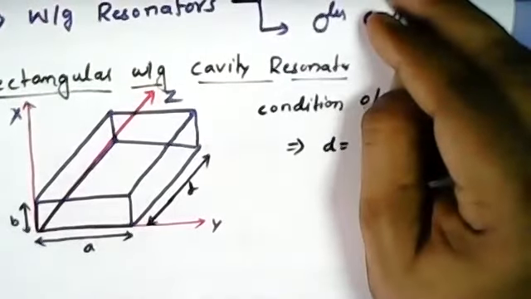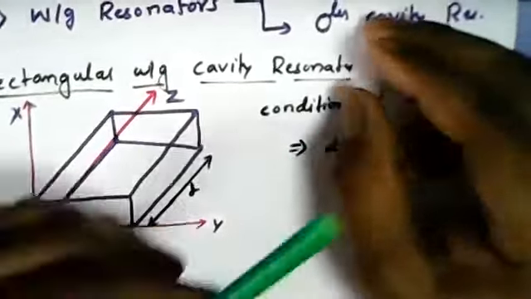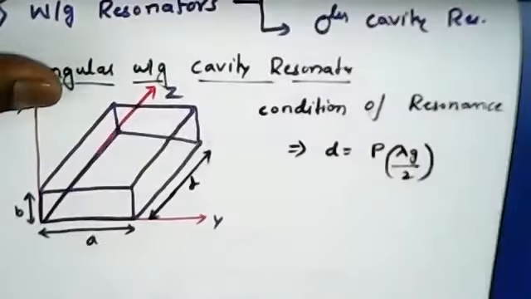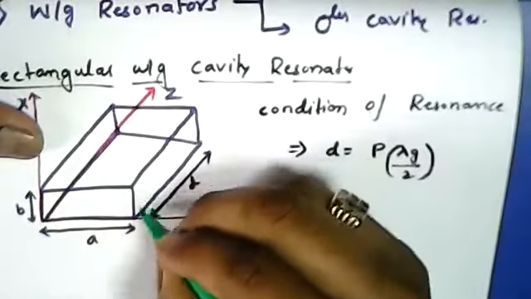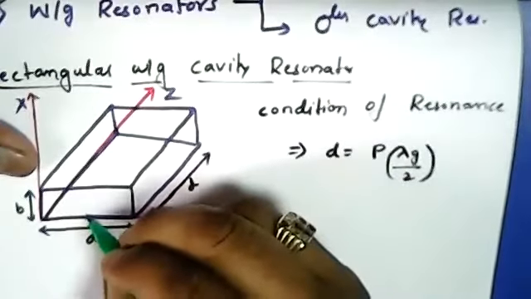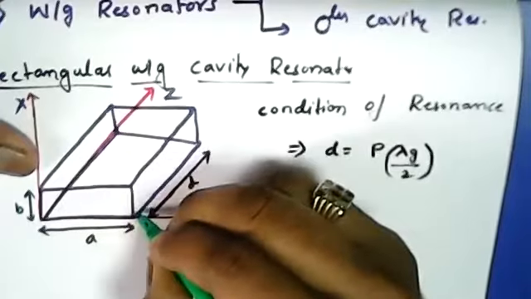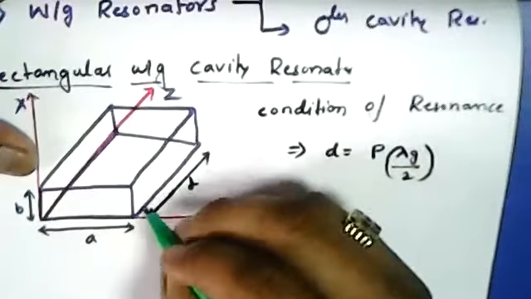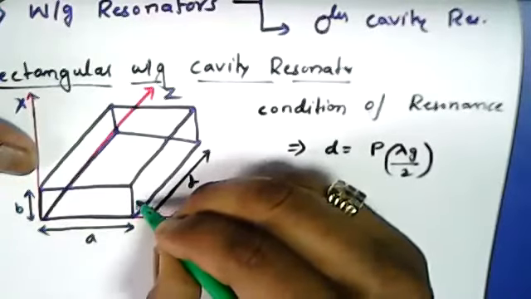What does lambda G by 2 mean, and how do the multiples take place? Let me explain. When the signal enters here, assume the signal is made to propagate in this particular direction, like this.